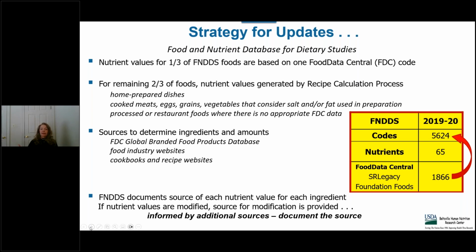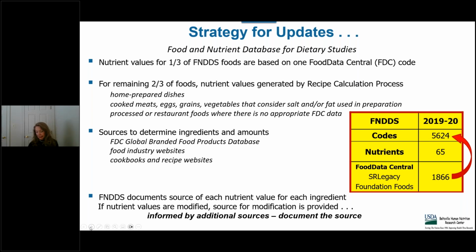We look at the websites of the food industry, cookbooks and recipe websites, as well as another data type on Food Data Central, the Global Branded Food Products Database, to get an idea of what should be the ingredients and what should be the amounts. The yellow blocks on the side show you for FNDDS 1920, all of the foods, a little over 5,600 of the foods that sit in that database.